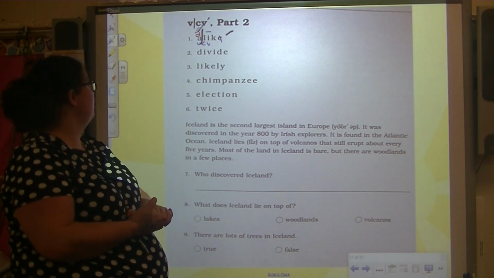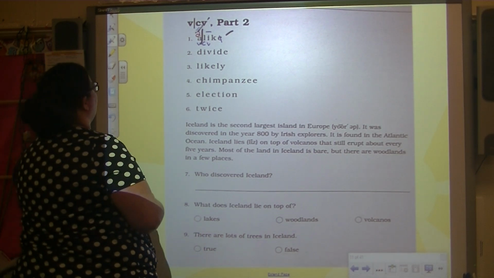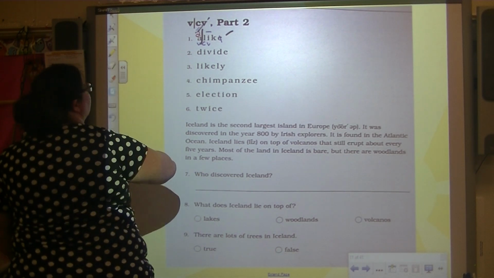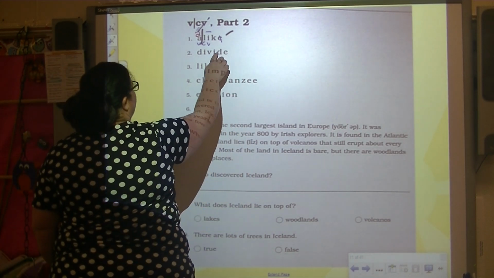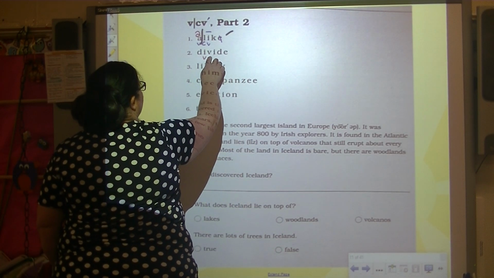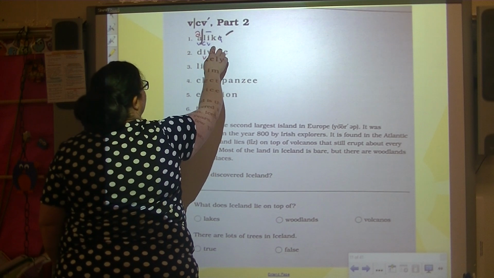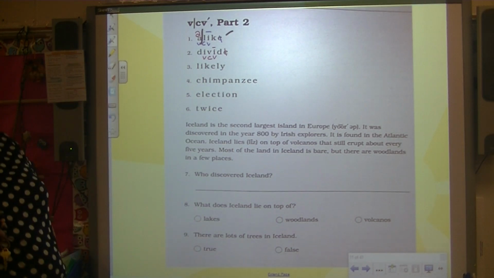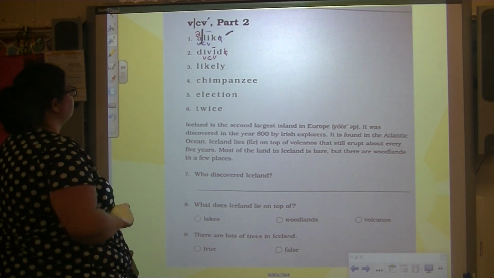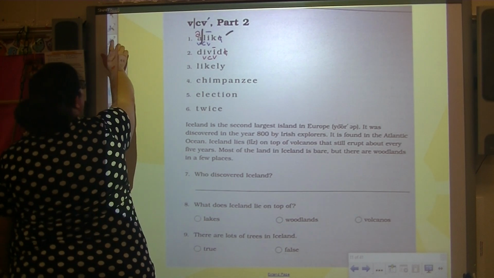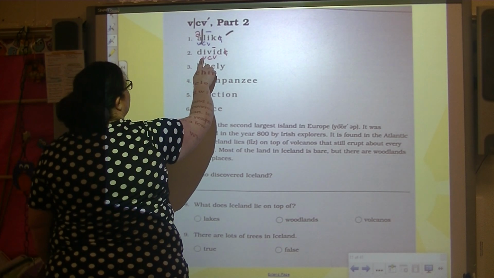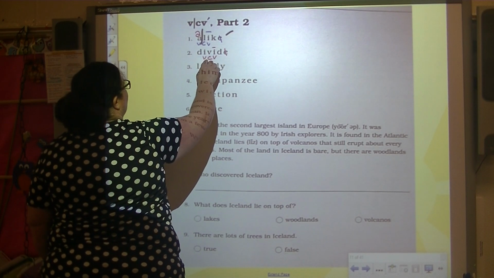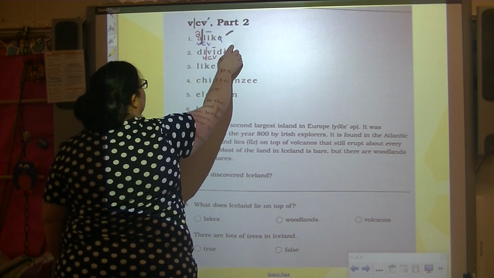All right, number 2. We did this one earlier. We know we've got vowel, consonant, vowel. It's a sneaky E role. It is vowel, consonant, vowel, so we're going to divide after the vowel.